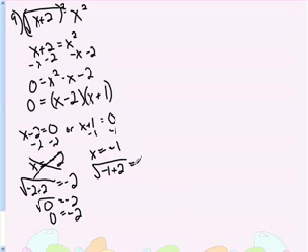Negative 1 plus 2 equals negative 1. Alright, so if I could do negative 1 plus 2, I'm going to get 1. And over here I had negative 1. Square root of 1 technically is positive or negative 1.